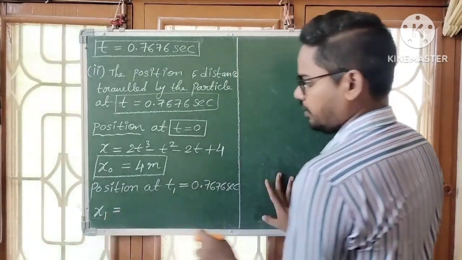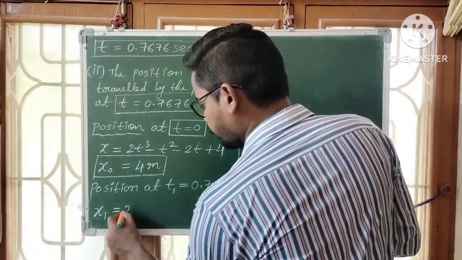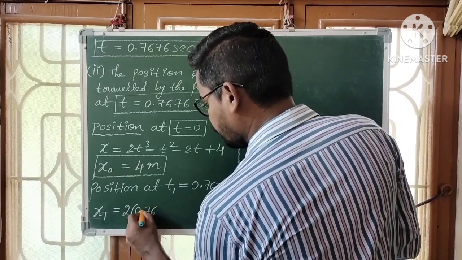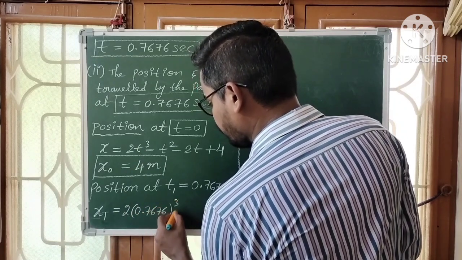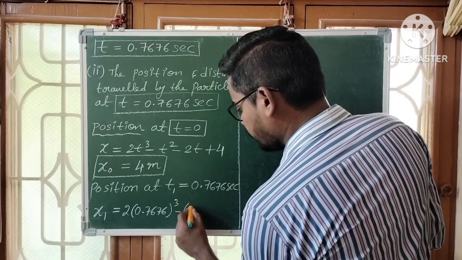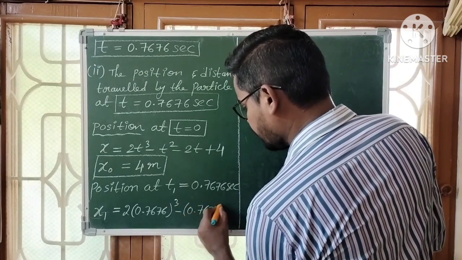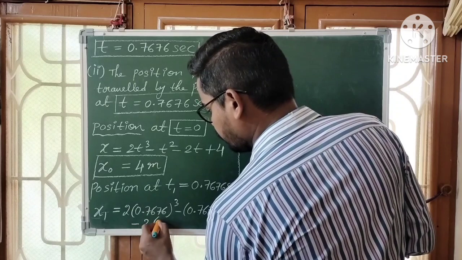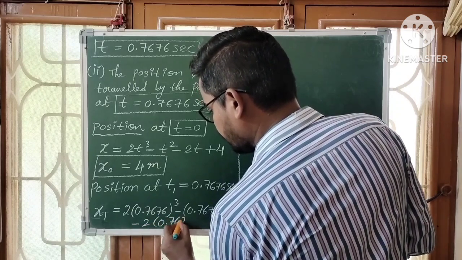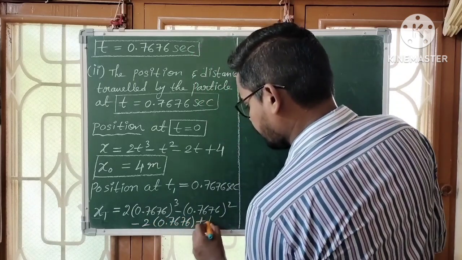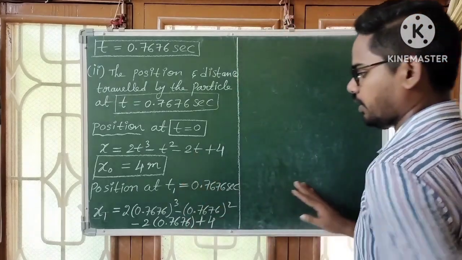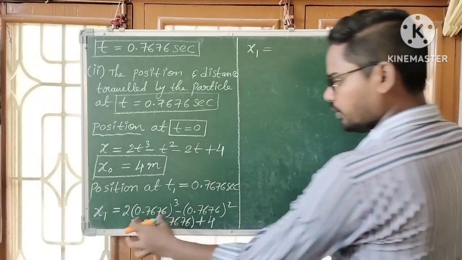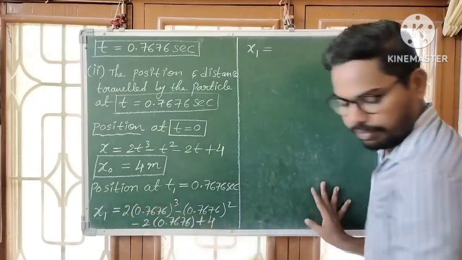So the position at that time is equal to 2 into, replace t by 0.7676, 0.7676 whole cube, minus 0.7676 whole square, minus 2 into 0.7676, plus 4.